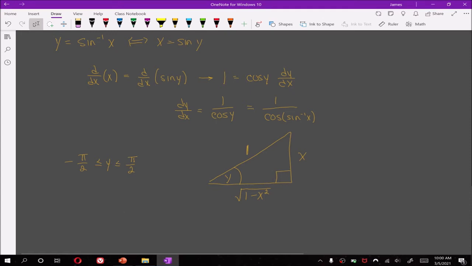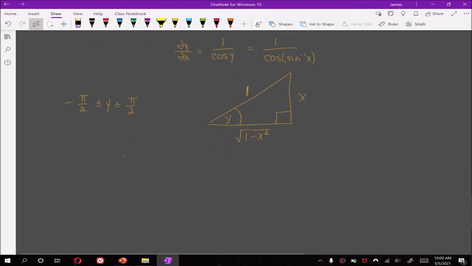Cosine is totally positive over that range. Right? It's the right half of the unit circle. With all of that, we can conclude that the derivative of the inverse sine of x is 1 over the square root of 1 minus x squared.